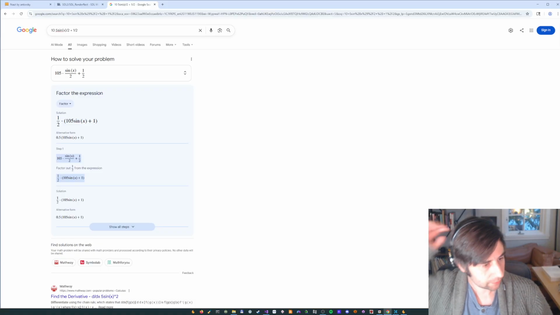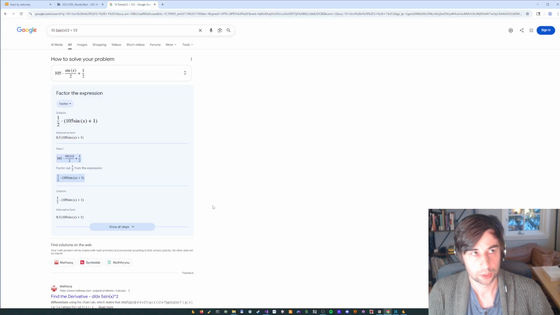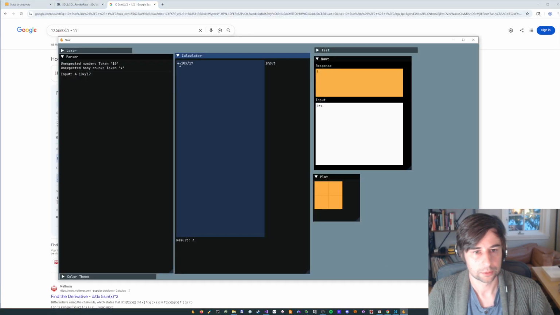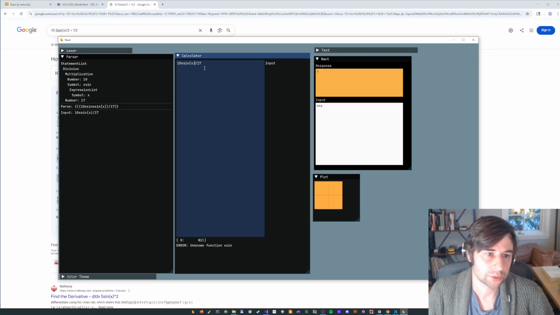But yeah, I don't think the fractional part should be able to include arbitrary sub-expressions for the purpose of fractional numbers. I think for the purpose of general expressions, yes. So like that. And I think, well, okay, this is a little bit of a parsing question too, because here it doesn't know that it's x times sine x.